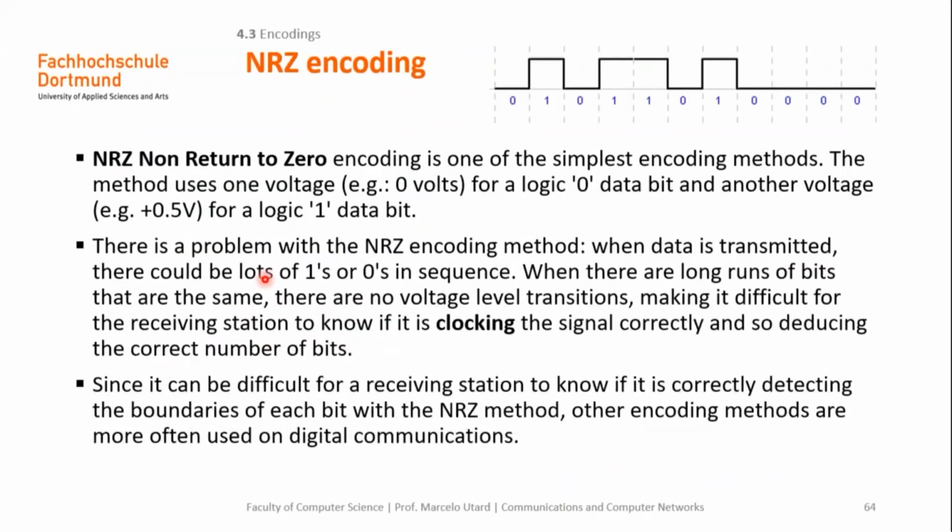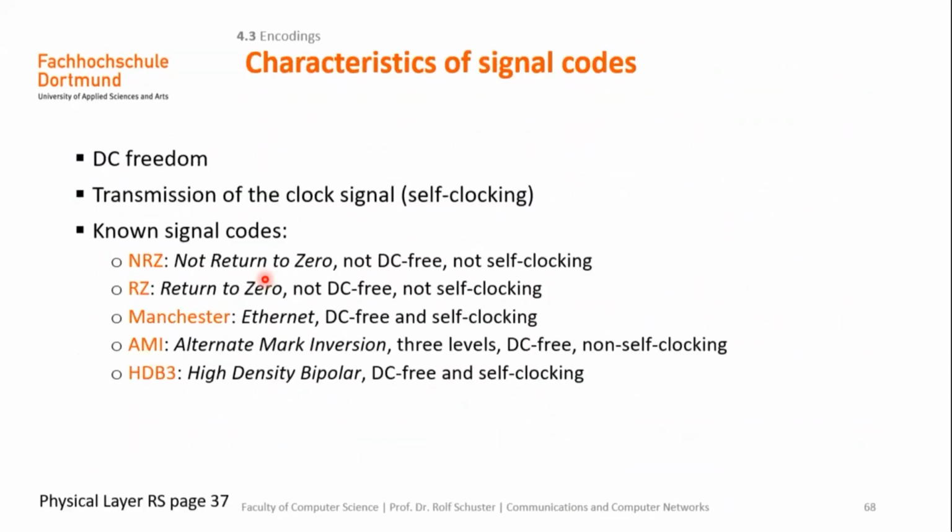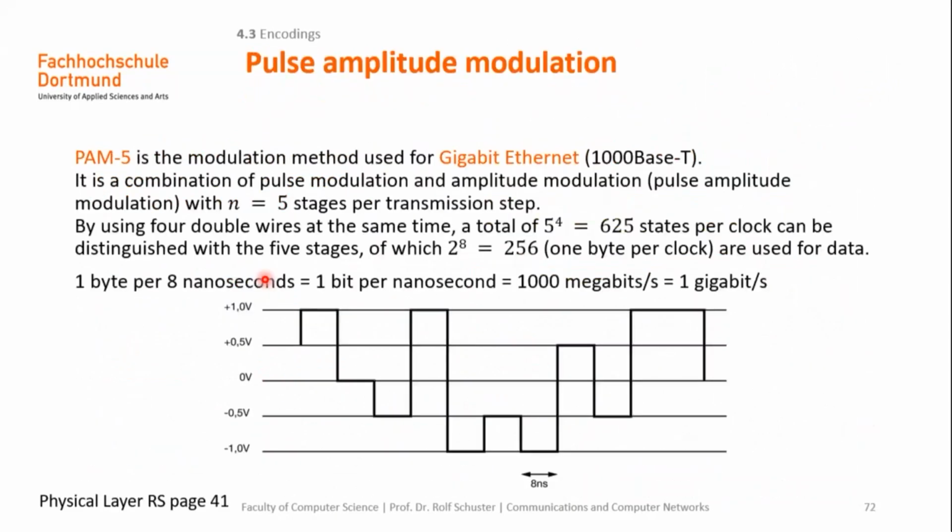In this example, we could see that PAM5 is the modulation method used in this gigabit Ethernet technology, 1000BASE-T. It is a combination of pulse modulation and amplitude modulation, called pulse amplitude modulation with 5 stages per transmission step.